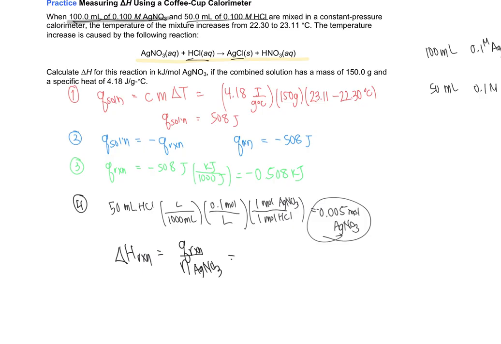So we'll do our negative 0.508 kilojoules here divided by 0.005 moles of silver nitrate. So let's plug that in. And we end up getting a delta H value of negative 101.6 kilojoules per mole of silver nitrate.